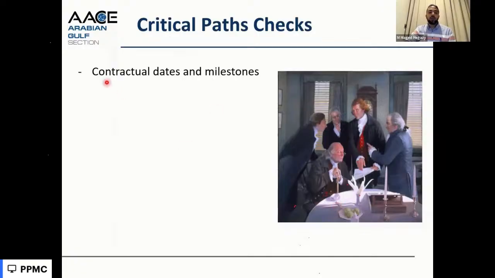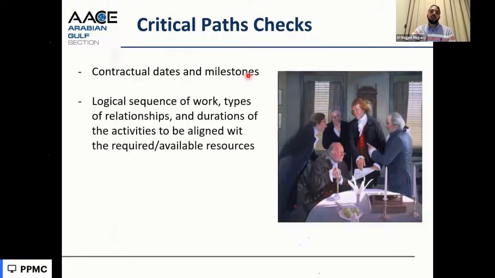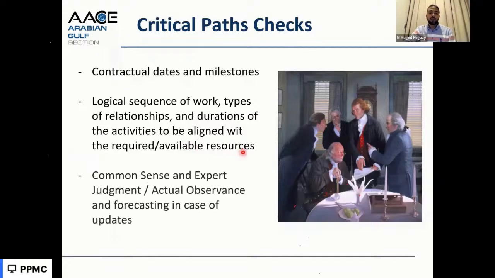So the main things we need to check are the contractual dates and milestones, contractual start, contractual finish, and if we have contractual milestones, all to be checked in the schedule. They are right. The logical sequence, type of relationships, duration of activities aligned with the resources, and common sense with the experts.